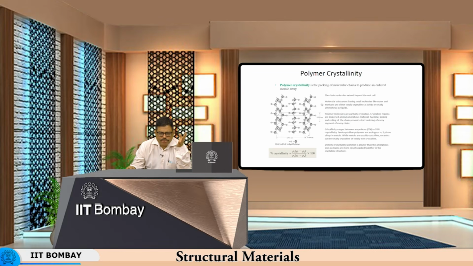Whereas with large molecules, with polymer macromolecules, it is not possible to have the entire polymer crystalline. So polymer molecules are partially crystalline. Crystalline regions are dispersed among amorphous material. Twisting, kinking and coiling of the chain prevents strict ordering of every segment of every chain. That is precisely the problem with these polymer chains.